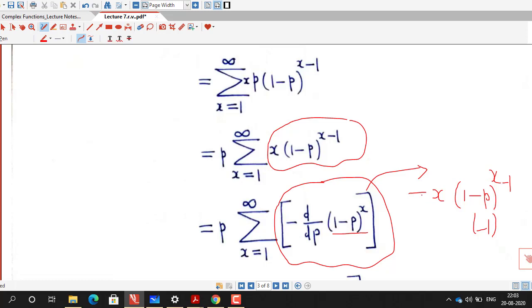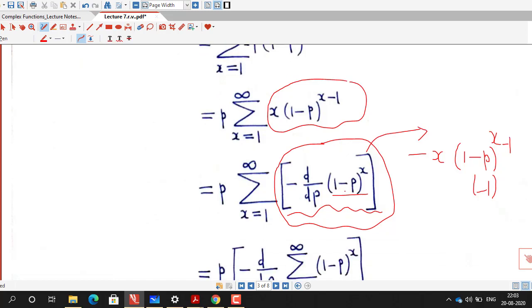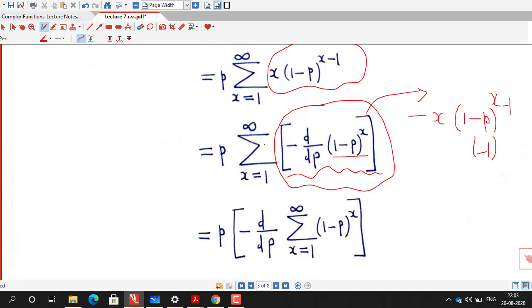So minus minus will be positive and we will obtain this. So derivative of this term 1 minus p raised to x is nothing but x into 1 minus p raised to x minus 1, and we have to take negative sign.